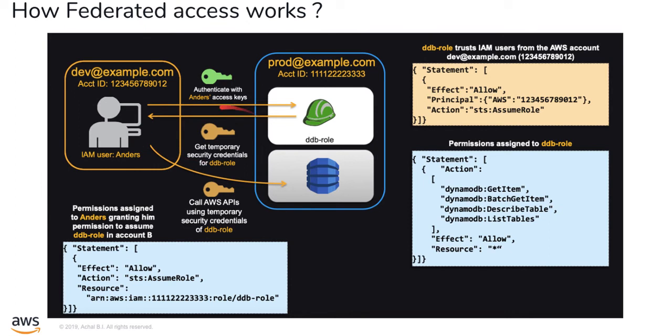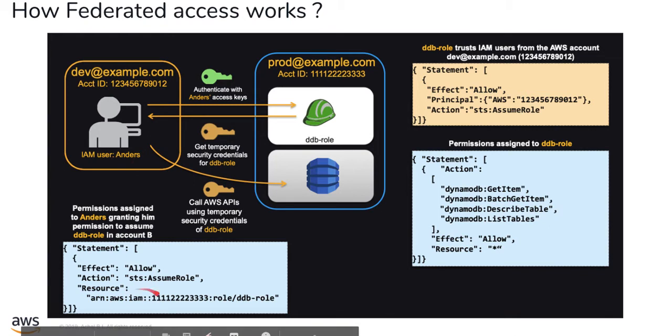Once he gets the role, he passes the temporary credentials along with the API call. Then that request is authenticated and the response is sent back.